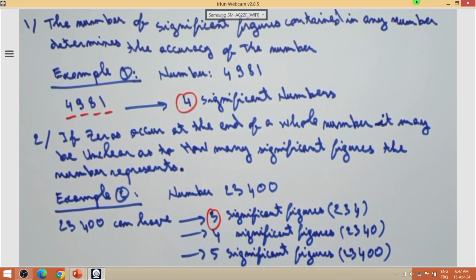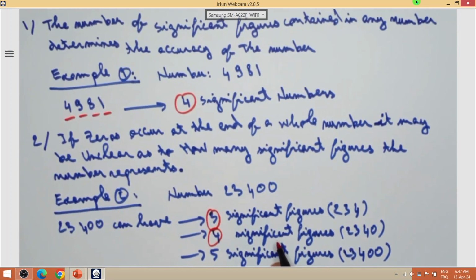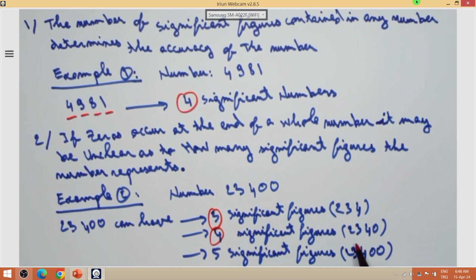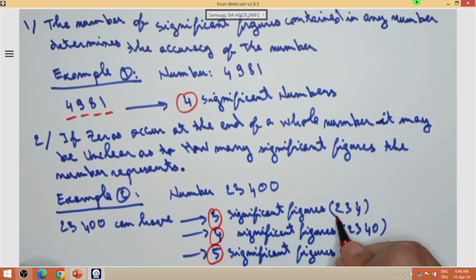Or it can have 4 significant figures, for example, if we are talking about 2340. Or it can have 5 significant figures if we are talking about 23,400. So 3 significant figures: 1, 2, 3. 4 significant figures: 1, 2, 3, 4. And 5 significant figures, which is 2, 3, 4, 0, 0, which is 5 significant figures.